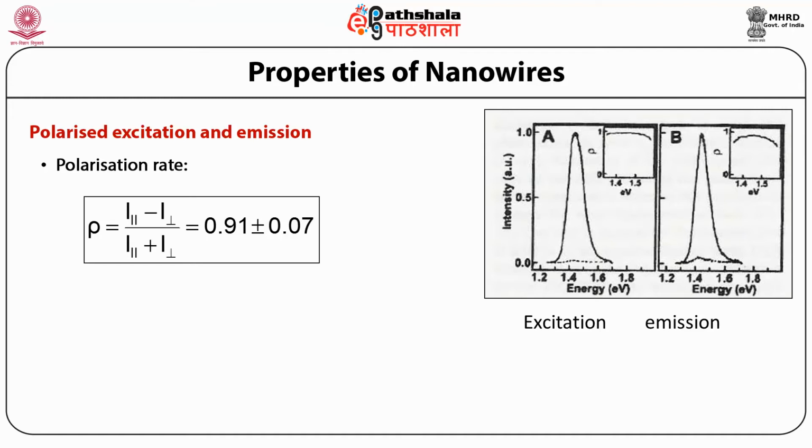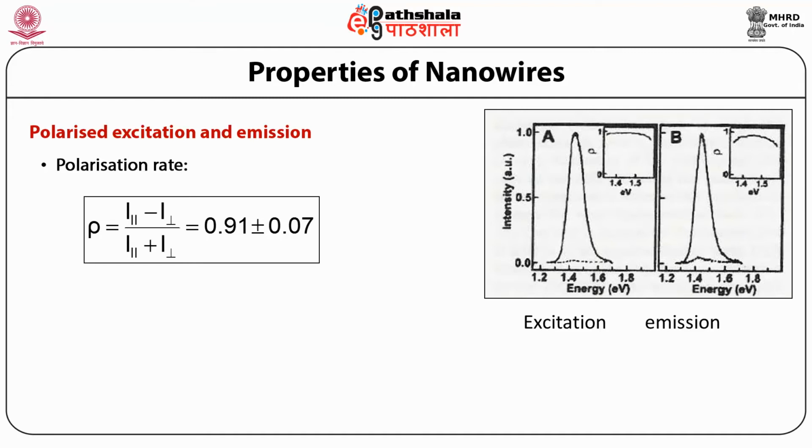The polarization rate, that is rho, equal to I parallel minus I perpendicular divided by I parallel plus I perpendicular, equal to 0.91 plus minus 0.07.